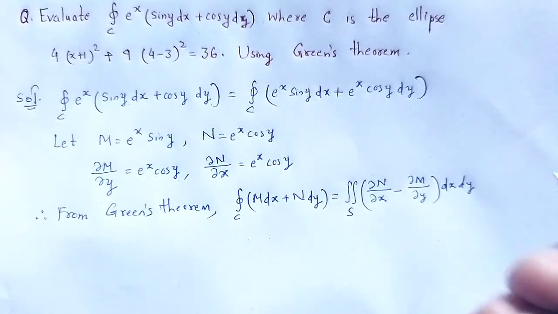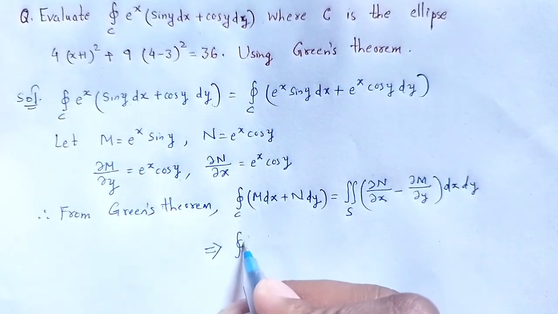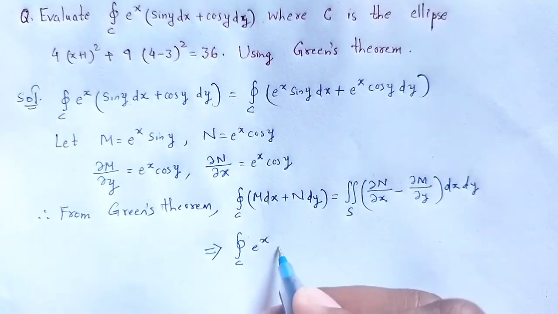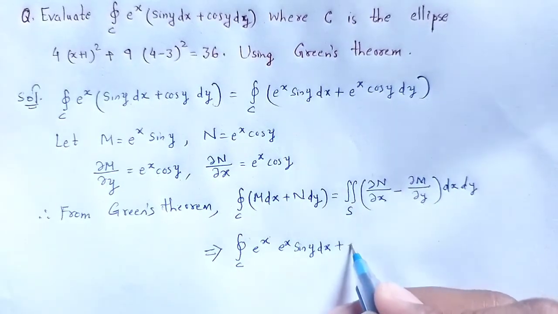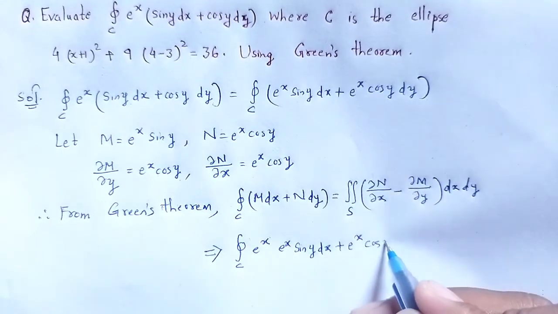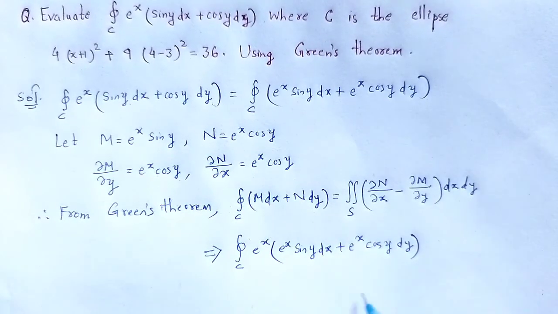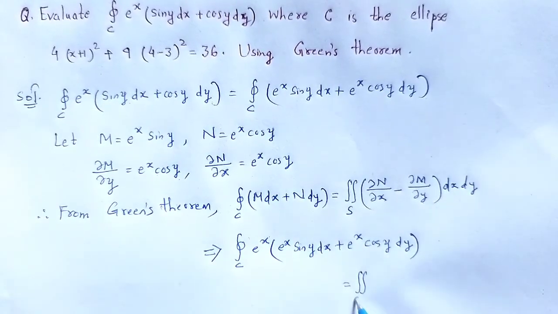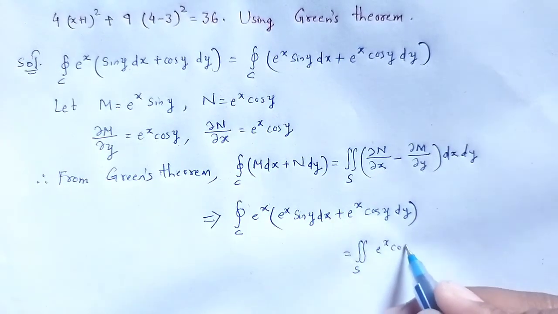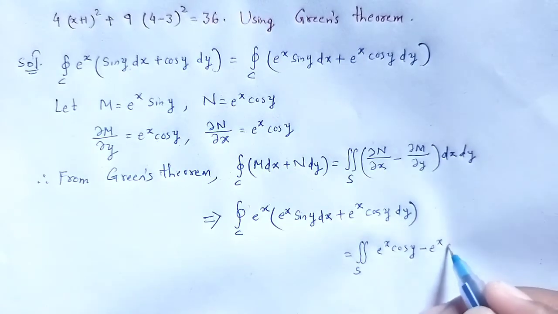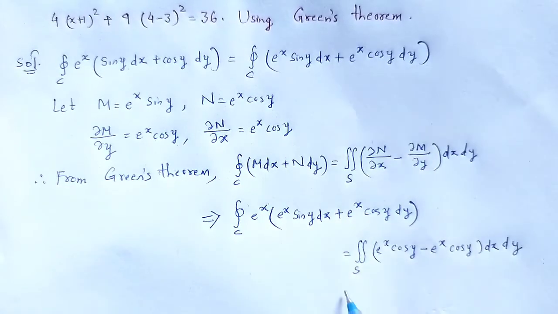dx dy. Putting the respective values, the closed curve integration over c of e to the power x sin y dx plus e to the power x cos y dy is equal to the integration over the surface region s of e to the power x cos y minus e to the power x cos y dx dy.